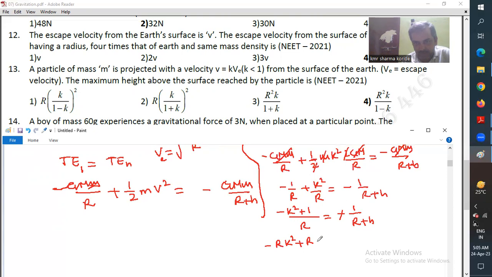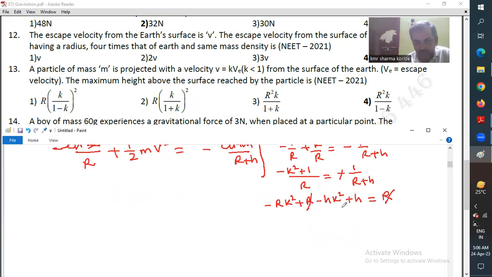Then minus h k square plus h is equal to R. If you take this side, the minus of these two quantities gets cancelled. Then take minus R k square on one side, and on the right side this is going to be h k square.